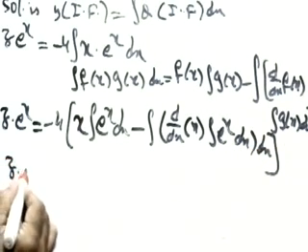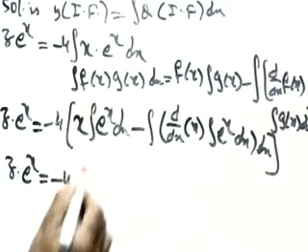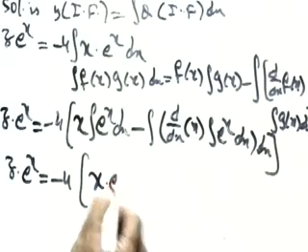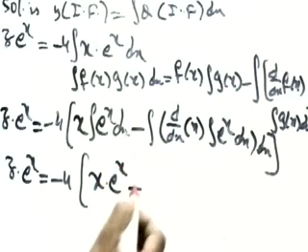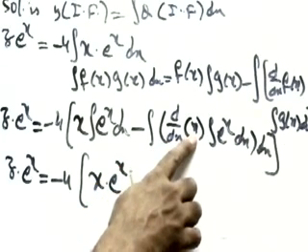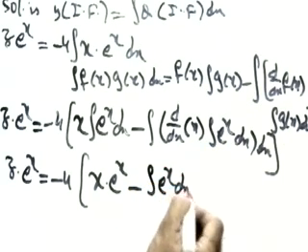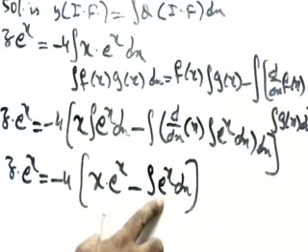Now this is the bracket. So z into e power x equals minus 4 into integration of e power x, which will be e power x. So this will be x into e power x minus integration of e power x dx.